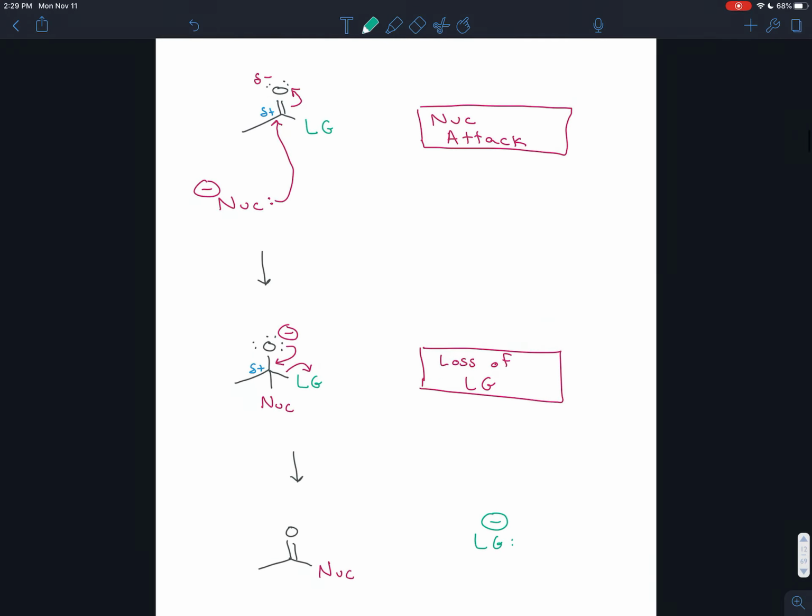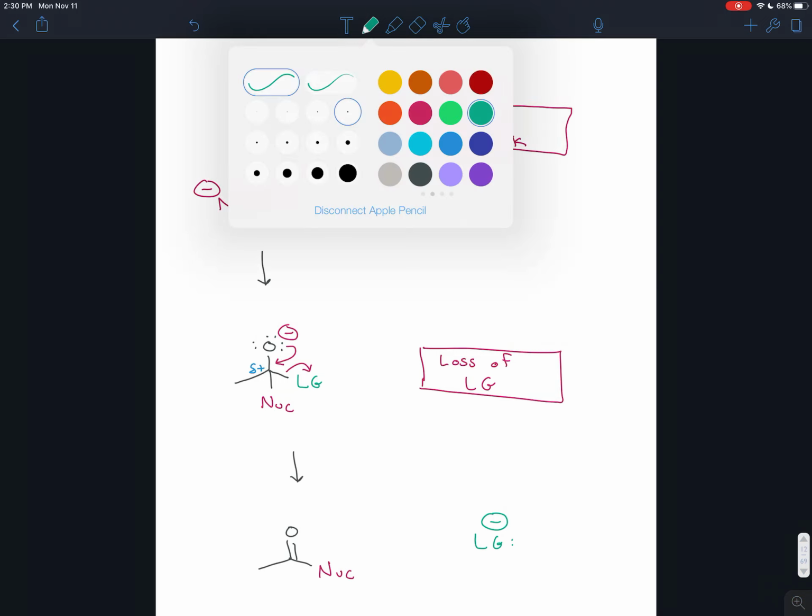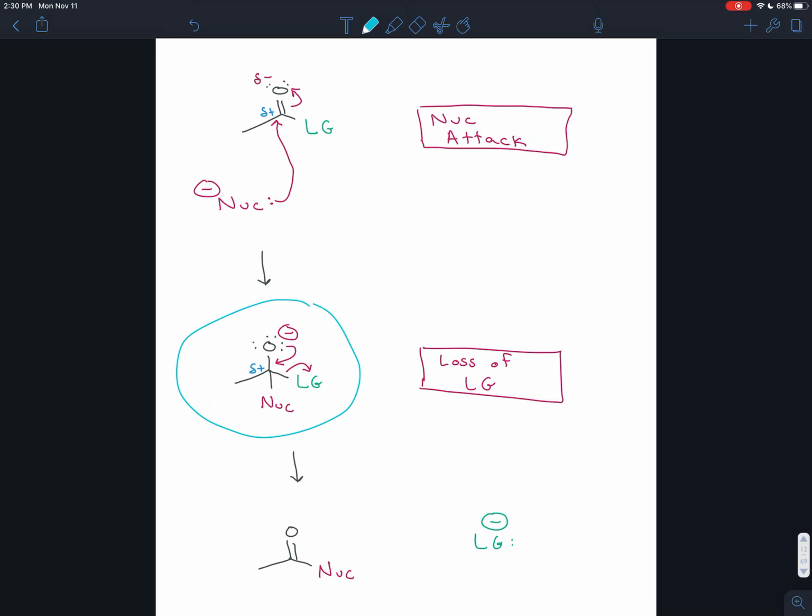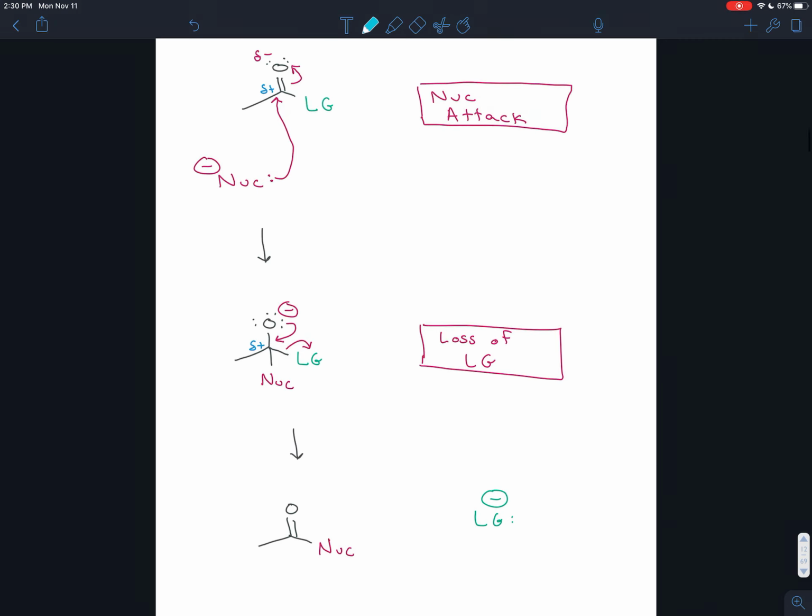So overall, this nucleophilic acyl substitution is very similar to the substitution reactions you would have seen in Organic Chemistry 1, except for this intermediate, this tetrahedral intermediate. When the nucleophile attacks, the pi bond breaks, the electrons go to the oxygen to give you an unstable tetrahedral intermediate. Those pi electrons on the oxygen snap back down and kick the leaving group off.